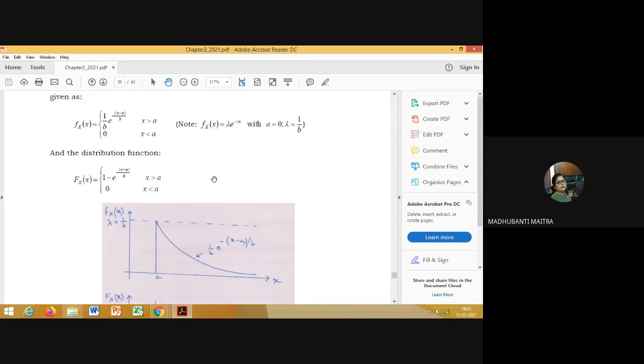Just look at this density function, and hence it's obvious that for this density function, the limits of integration will vary from a to plus infinity.